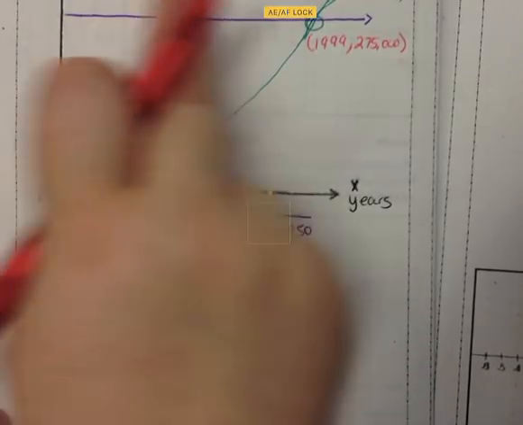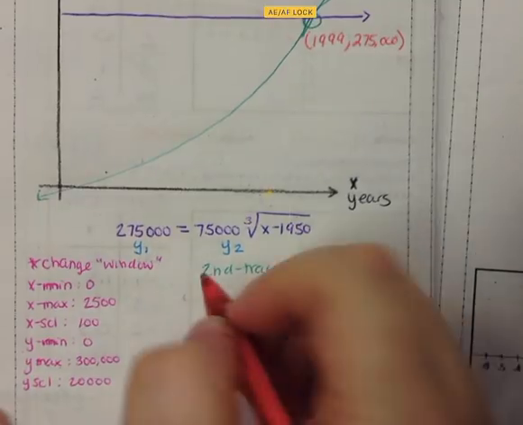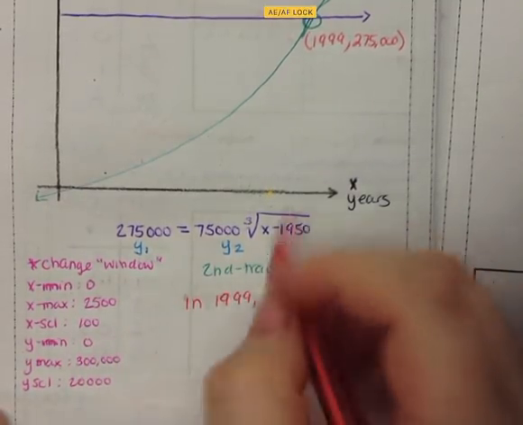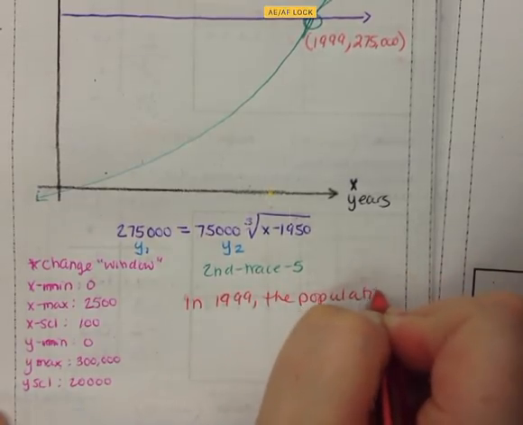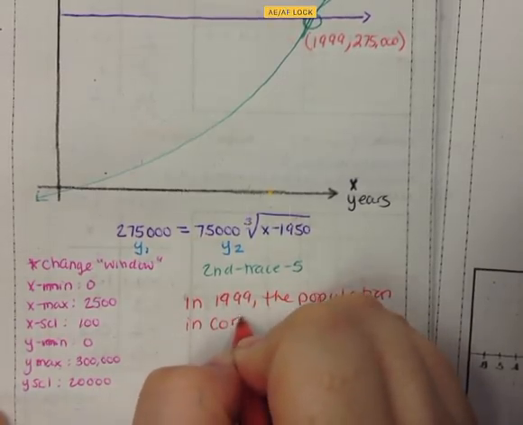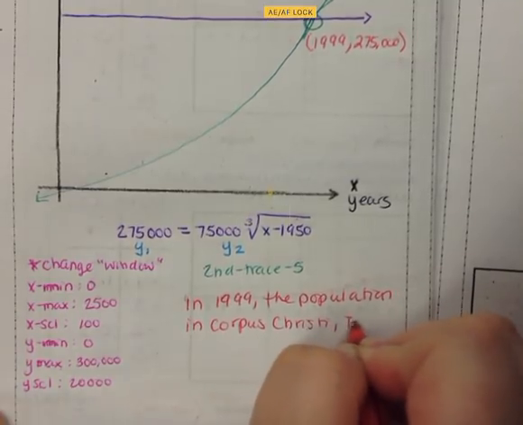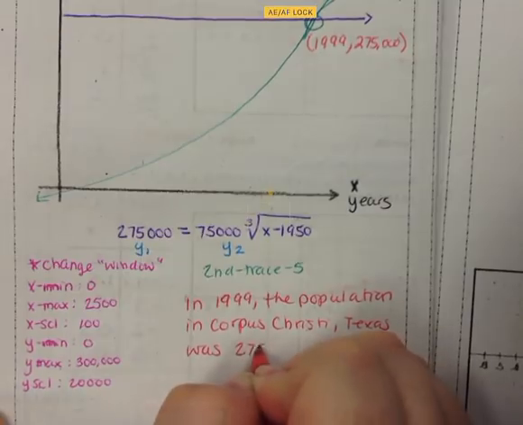So we can say, in what year was the population of Corpus Christi 275,000? We can say in 1999, the population in Corpus Christi, Texas was 275,000.